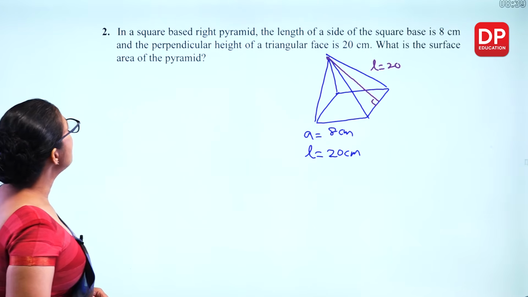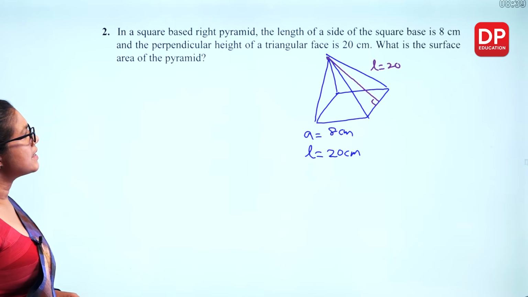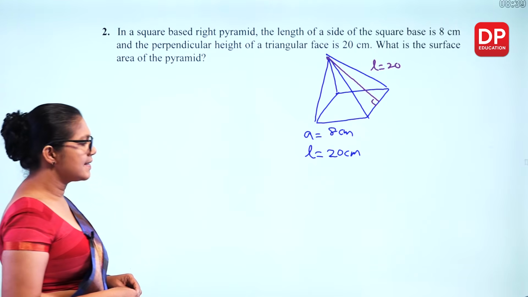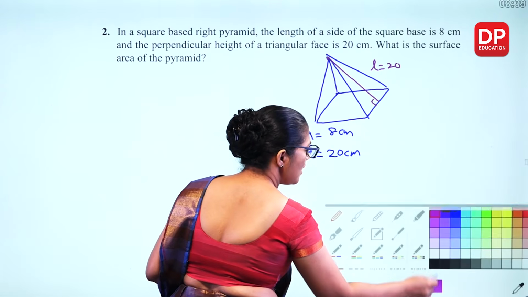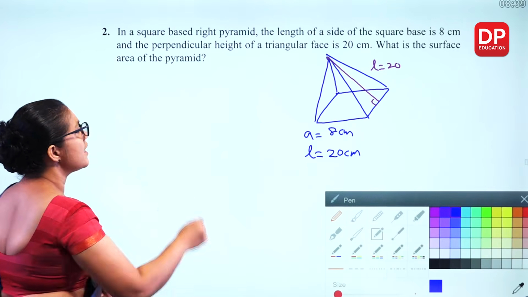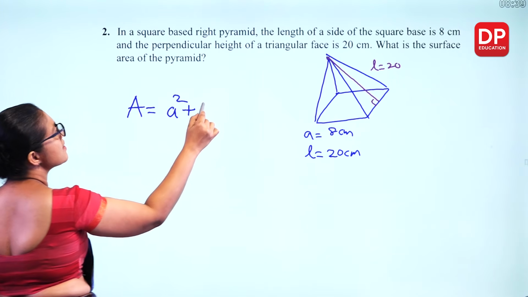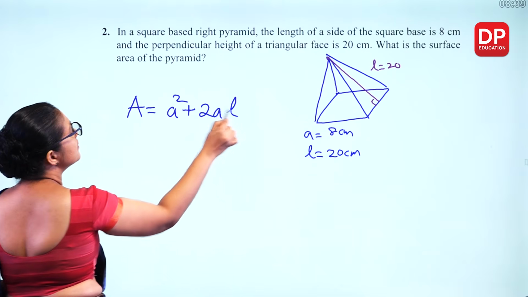What is the surface area of the pyramid? So again, same thing. A is given, L is given. You can use the formula. So straight away you can use the formula. Area equals A squared plus 2AL.